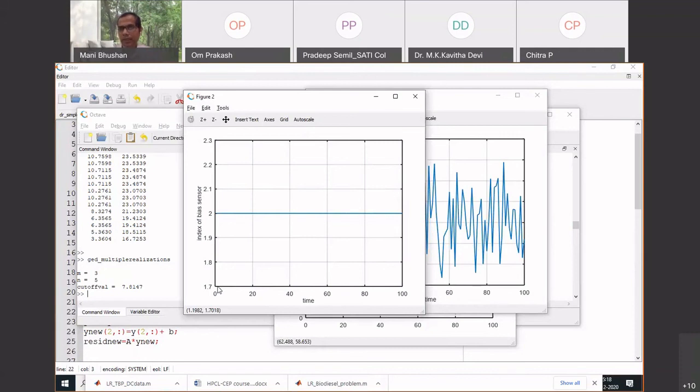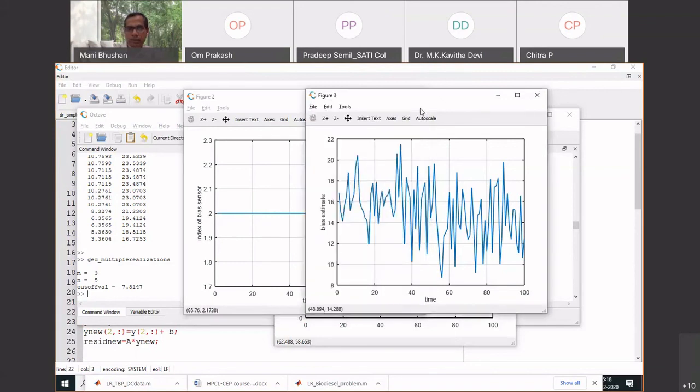You can build a nice systematic way of doing it. And every time you got it correct. This shows the index of the bias sensor. You said bias is in sensor 2, 2, 2 at all the 100 time instants. I'm joining them by a line, but actually these are different instants, just points. So 100% correct identification.